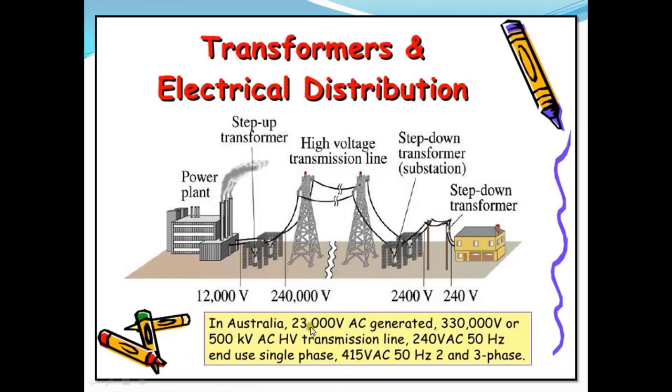So this is how the electric current from the power plant gets converted to the electricity in our home. Particularly we can talk about Australia. What we observe here in Australia is 23,000 volt AC current generated, and 330,000 volt or 500 kilovolt AC current on the high voltage transmission line, and 240 volt AC at 50 hertz single phase, whereas 415 volt AC at 50 hertz in 2 and 3 phase.